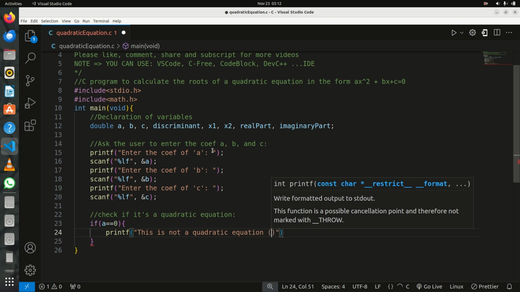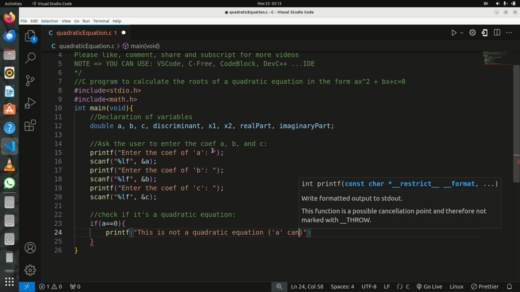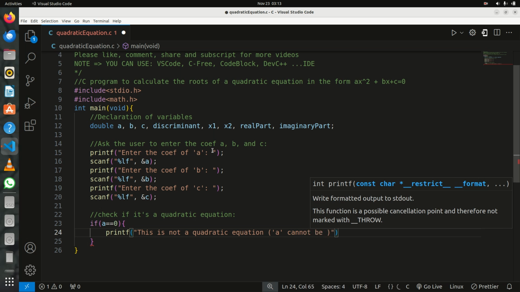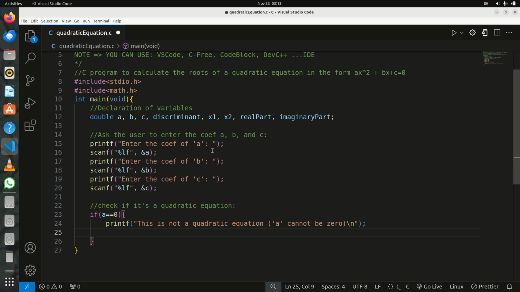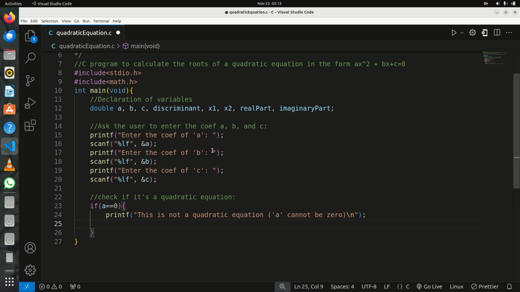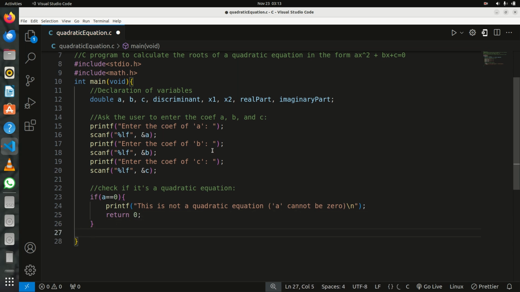Because a cannot be 0. Then we return 0, which means I'll end the program here. Now, what will happen?